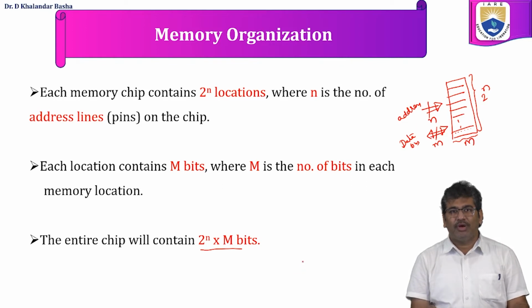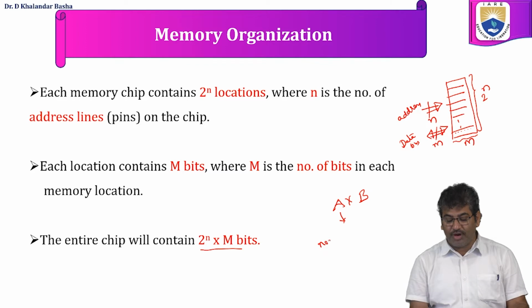If any memory is represented with 2 parameters like A cross B, the first parameter defines the number of memory locations. The second parameter gives the number of bits for each location.